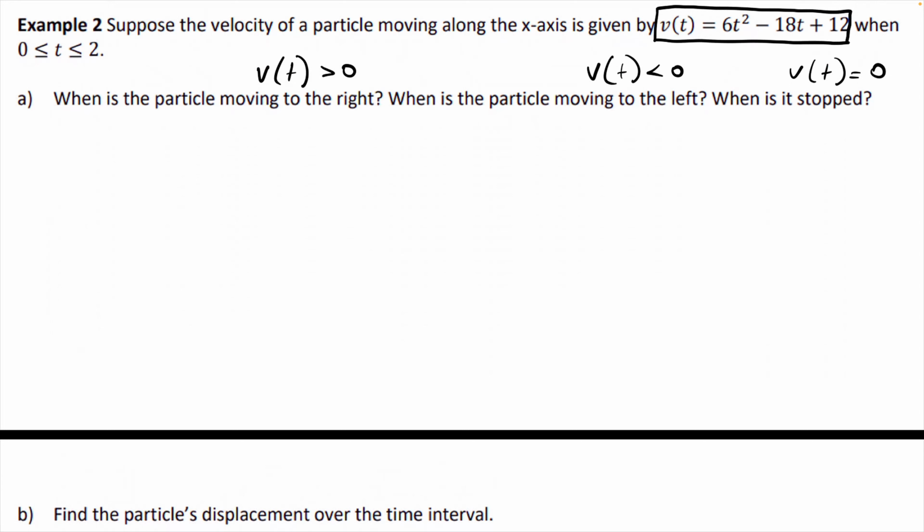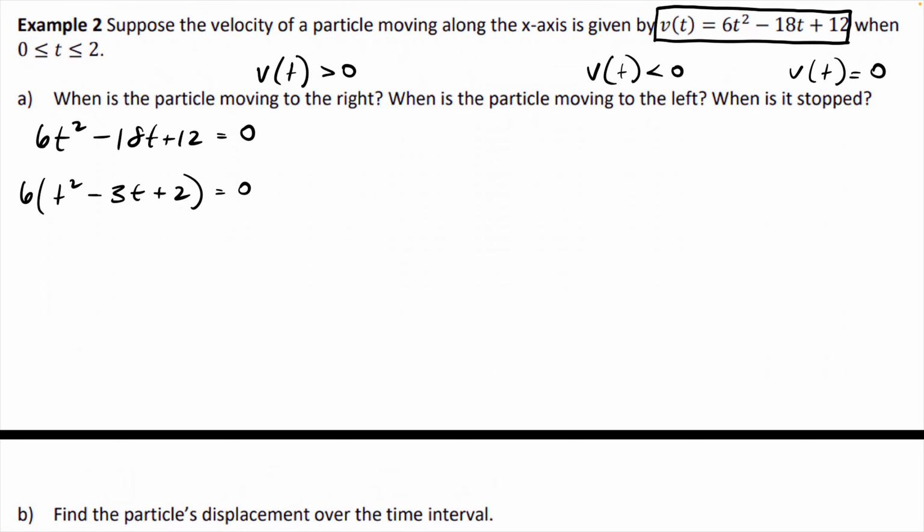First thing I'm going to do is figure out where it is 0. So I'm going to set this equal to 0. Well, it's a trinomial, so I can divide all 3 terms by 6 to make it a little bit smaller.